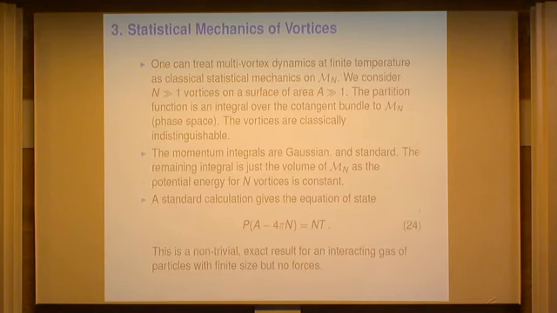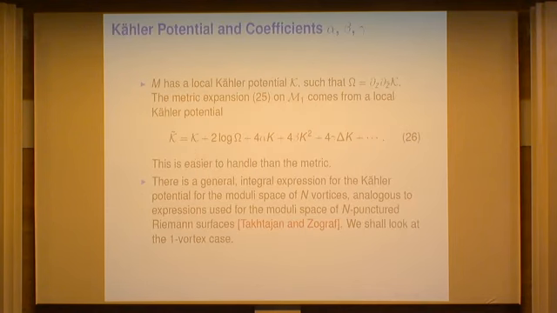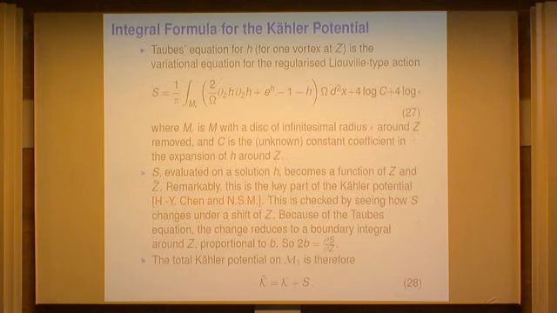That's exactly what happens here. That something is S. Perhaps there should be a bar here. So 2b is dS by dz bar, I think. And that's why this is a Kähler potential: a regularized Liouville type action. The total Kähler potential involves the Kähler potential of the original surface as well.